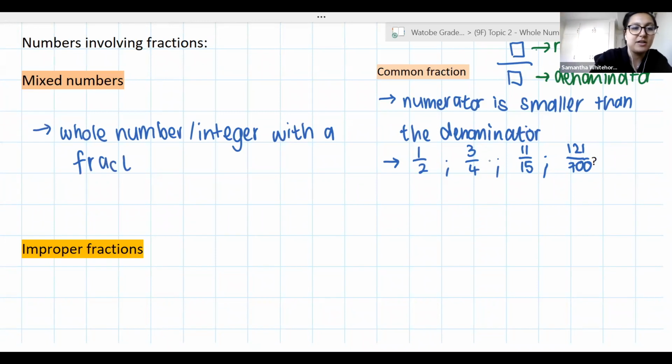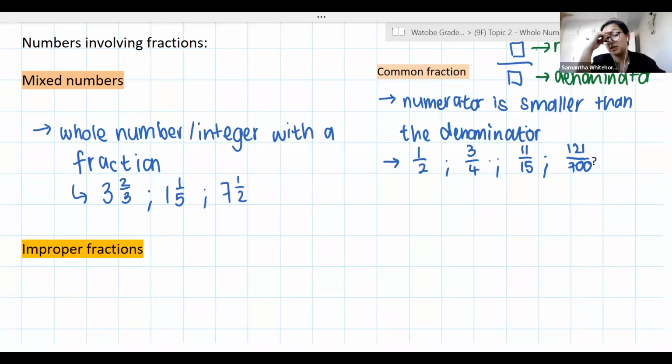Lots of you are giving some really nice examples in the chat. It could be anything: 3 2/3, 1 1/5, 7 1/2, etc. So a mixed number has an integer part or a whole number part to it, as well as a fraction.